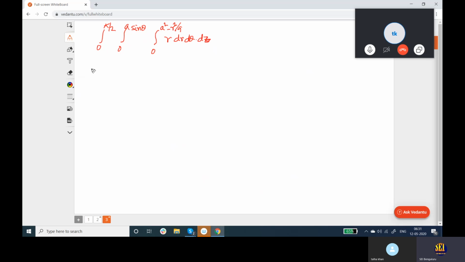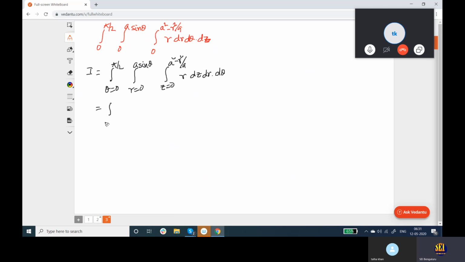Now, first step, I is equal to integral theta is equal to 0 to pi by 2, integral r is equal to 0 to a sine theta, so integral z is equal to 0 to a square minus r square by a, r dz dr into d theta.